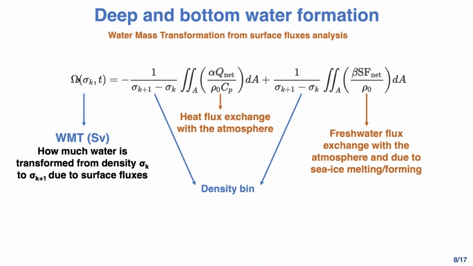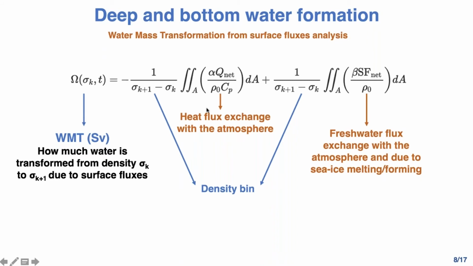It's in Sverdrup, which means it's volume per second. And it's basically how much water is transformed from density sigma k to sigma k plus 1, just due to surface fluxes, not internal mixing. So this is the density bin that you can vary from a certain initial density to the last density.